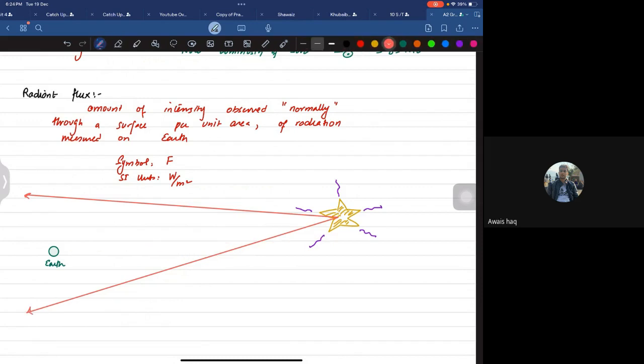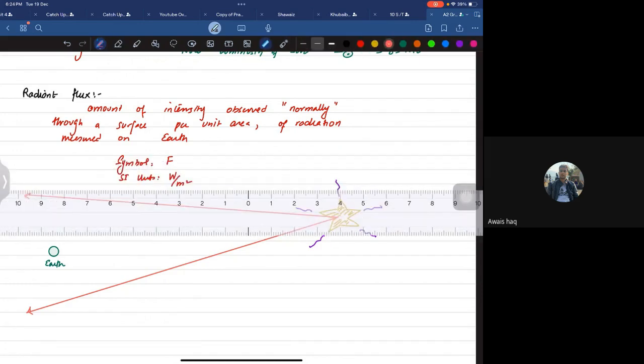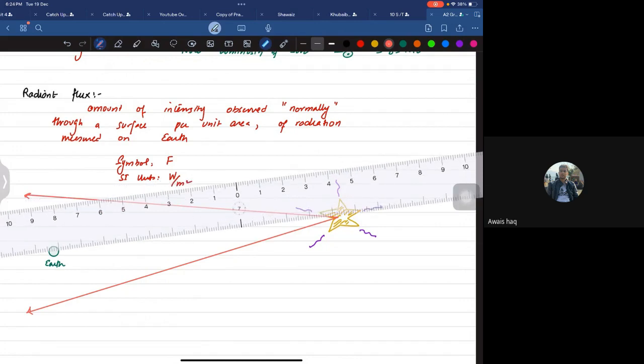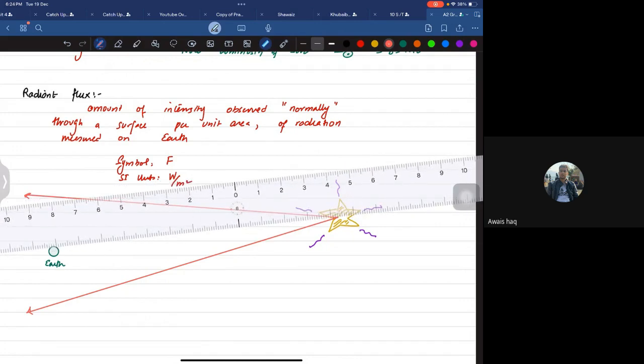Oh my god, it doesn't come from the same point. Wait, let me draw it from here. Crazy software sometimes. Okay.